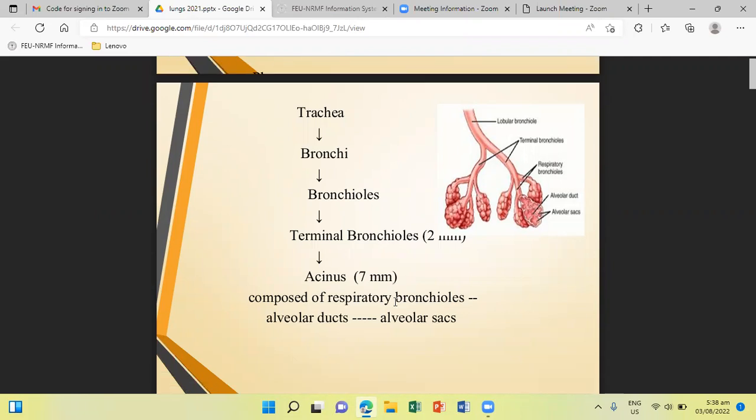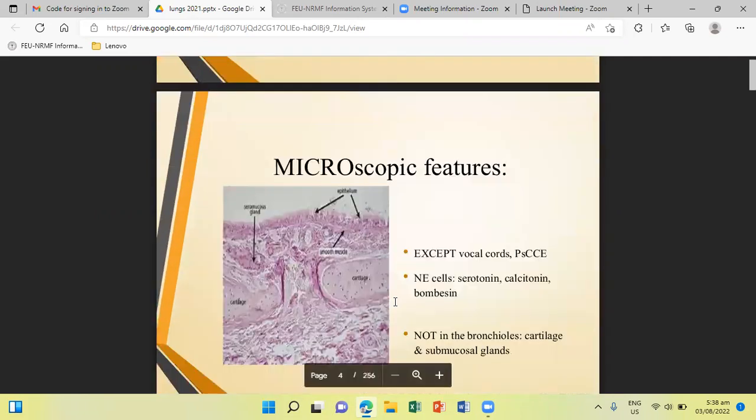From the microscopic standpoint, except the vocal cords, which are covered by stratified squamous epithelium, the entire respiratory tree, including the larynx, trachea, and bronchioles, is lined by pseudostratified tall columnar ciliated epithelium admixed with mucin-secreting goblet cells.